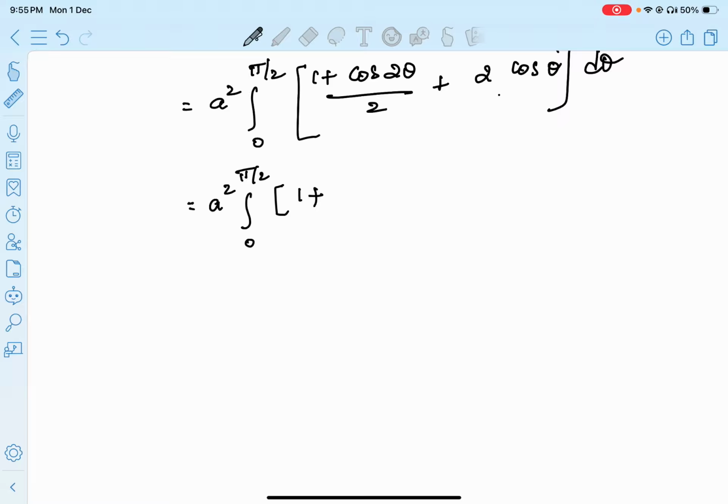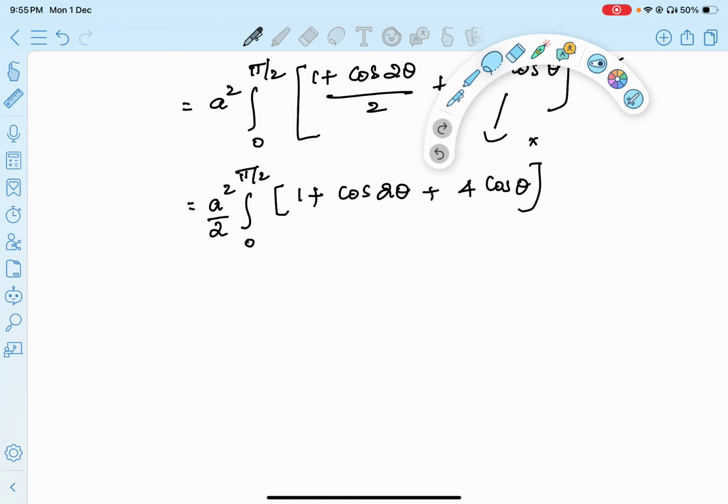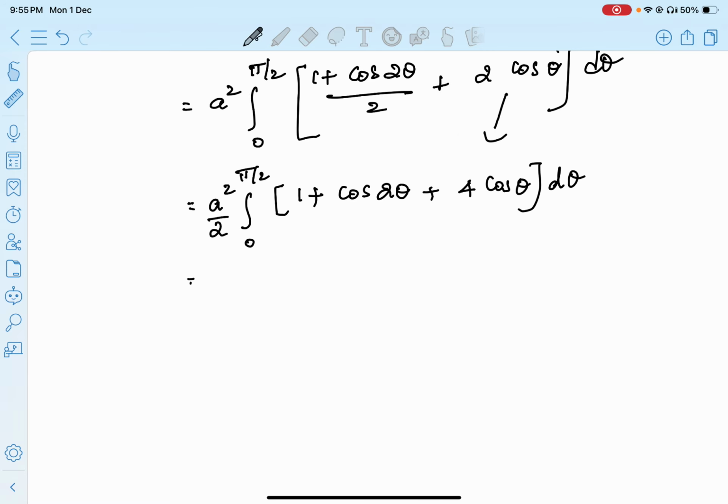If I multiply and divide by 2, then it will become 4, and this 2 can be taken outside. So a square by 2 integral 0 to pi by 2 of 1 plus cos 2 theta plus 4 cos theta, multiplied and divided by 4, into d theta, equal to a square by 2 into, now I am going to integrate this with respect to theta.